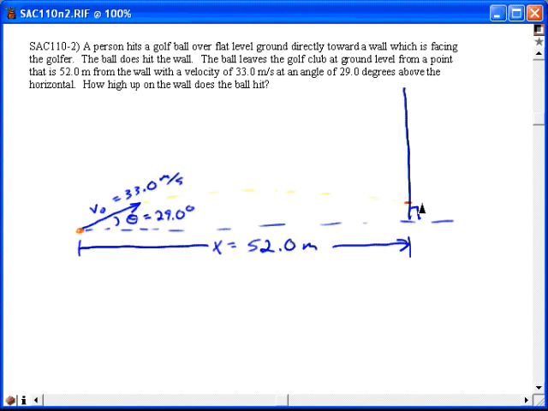Say it hits right there. I'm going to choose the initial position of the ball to be the origin of my coordinate system. So this will be the x-axis, and this will be the y-axis straight up.